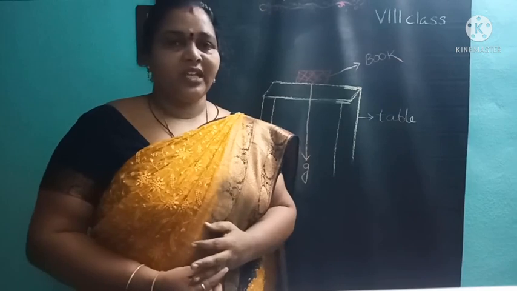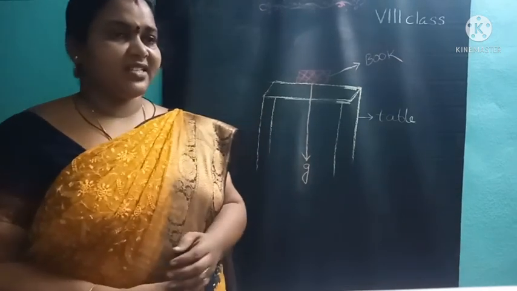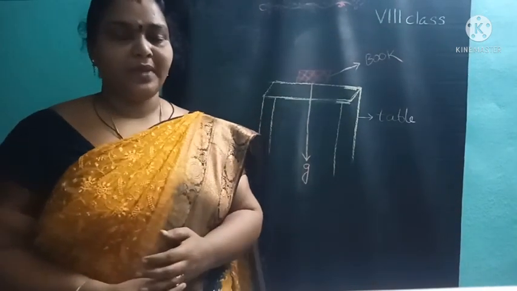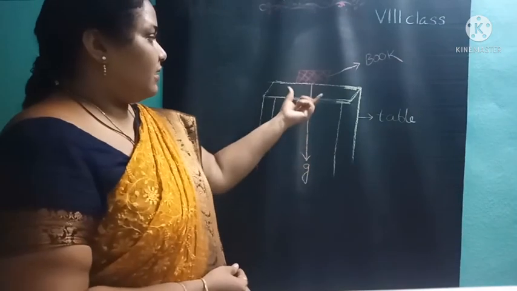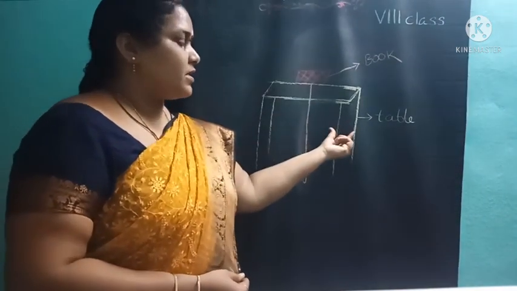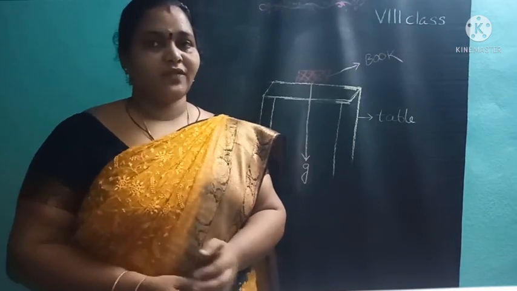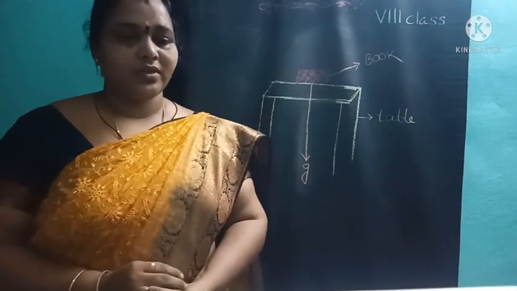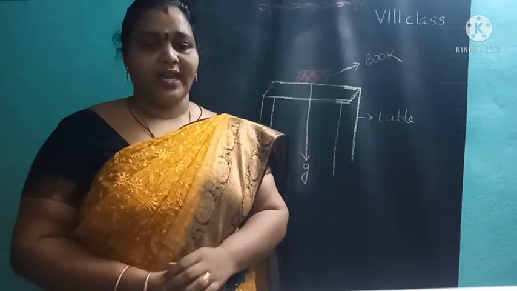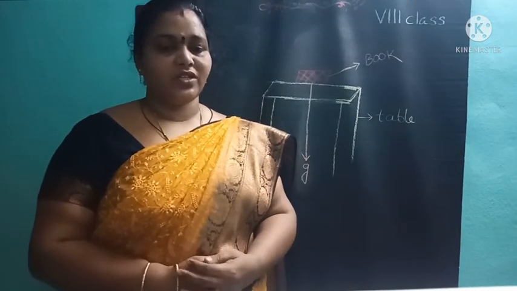Even when the book is lying on the table, it does not fall down. Why? Because the book is supported by the table. There exists a force which supports the book against the gravitational force.